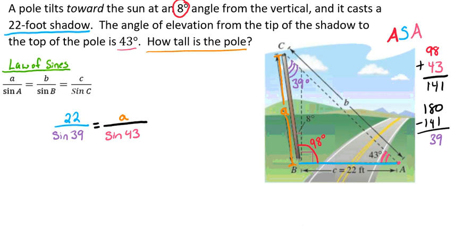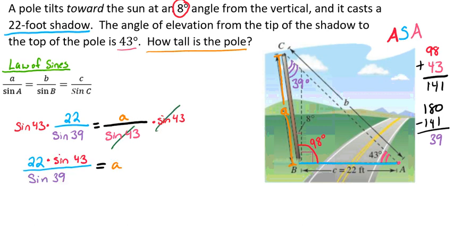We're trying to get A by itself. There are a couple of ways to do this. We could cross multiply, or we could just multiply both sides by the sine of 43 degrees. We'll do that, and that crosses off our sine of 43 here.